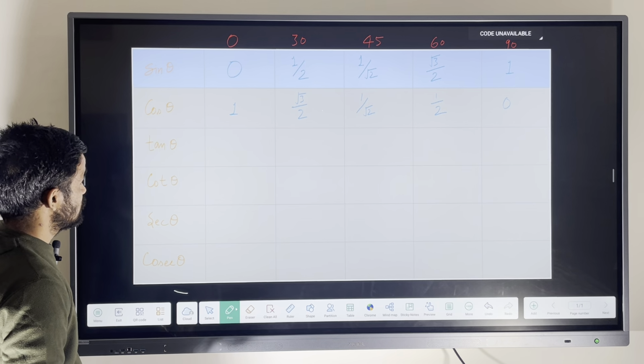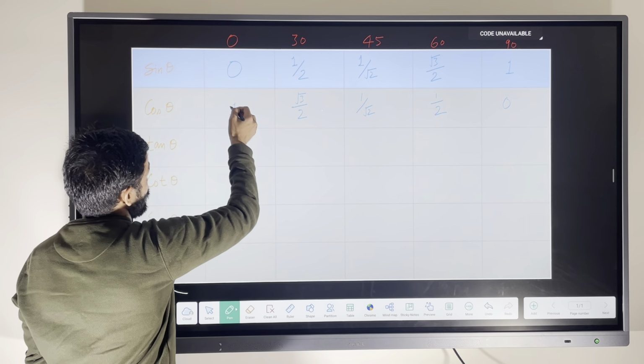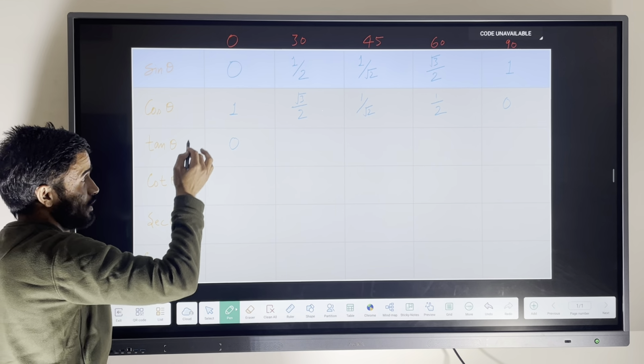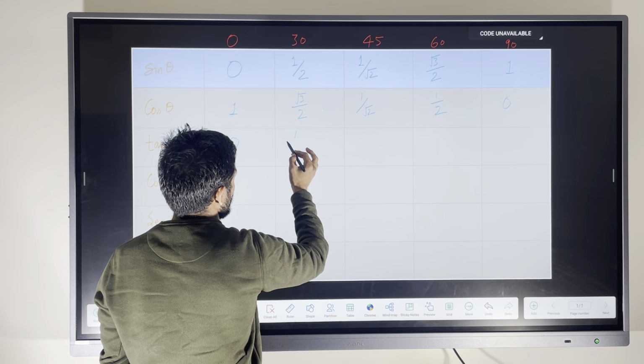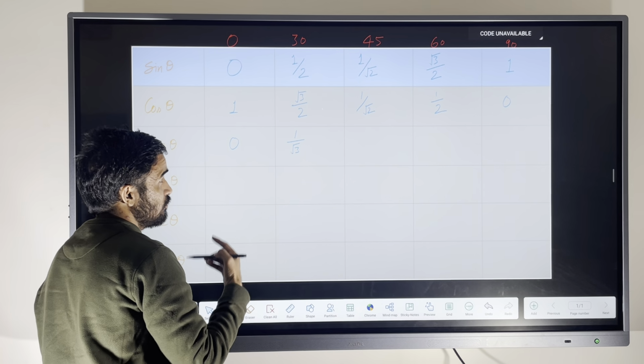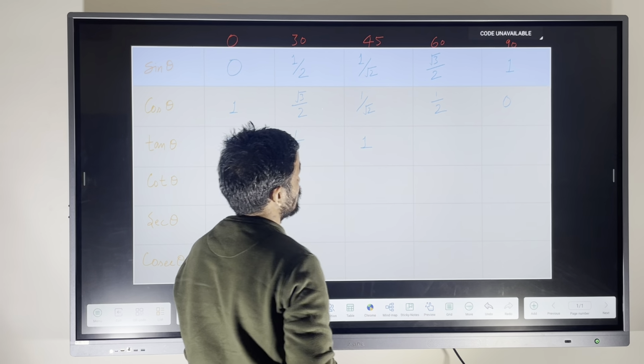What was tan theta? Tan theta was sin theta by cos theta. 0 by 1, that is 0. 1 upon 2 by root 3 by 2, that will be 1 by root 3. Similarly, 1 upon root 2 and 1 upon root 2 will be 1.